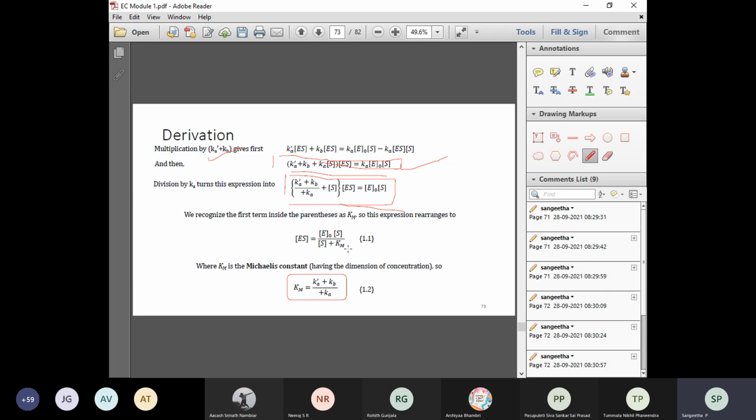Now how are you going to substitute this Michaelis constant? The Michaelis constant Km is equal to (Ka' plus Kb) divided by Ka. So with respect to the rate of formation of the products, the rate of dissociation, and the rate of formation of your complex, everything together you can substitute in this case.